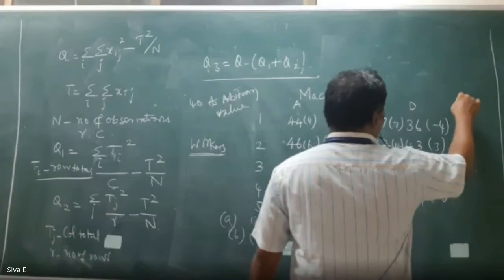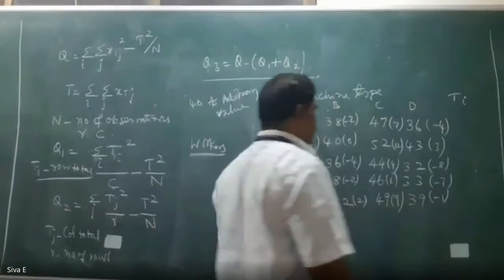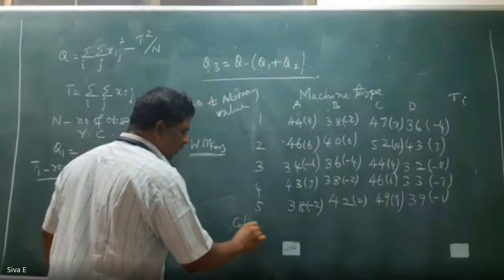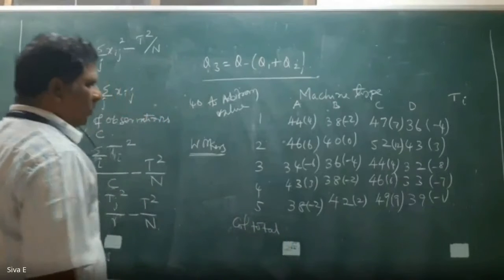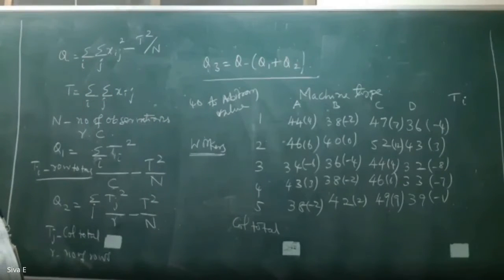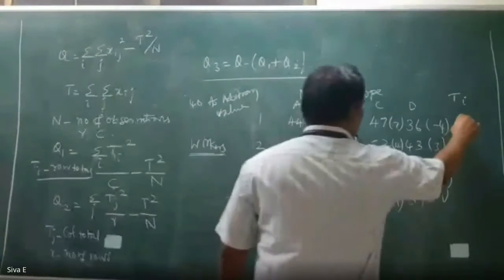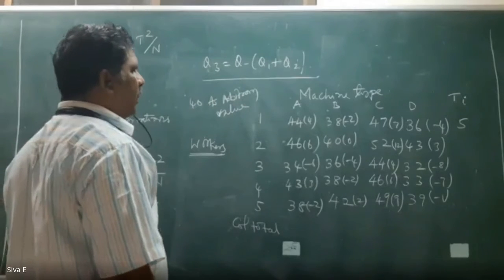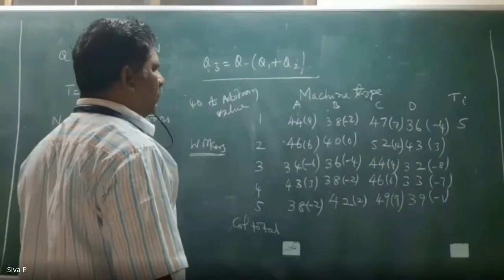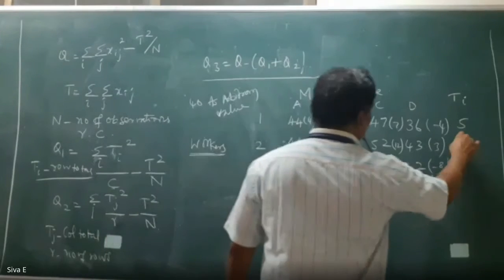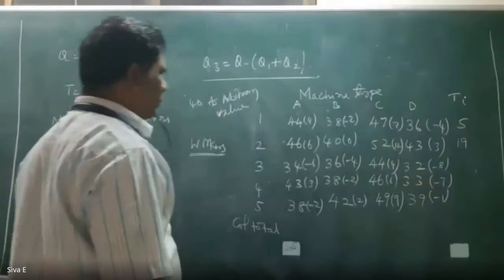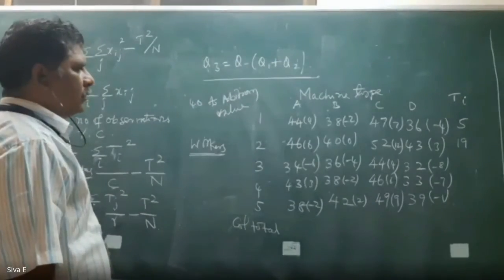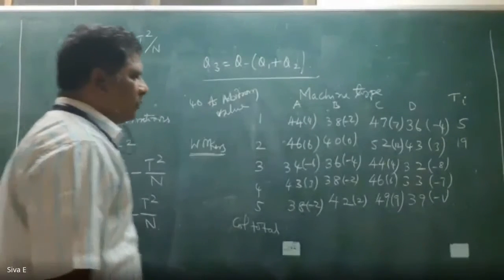First we have to calculate the row totals, and next the column totals. What is the first row total? 5. Second row total, 19. Third row total, minus 14.